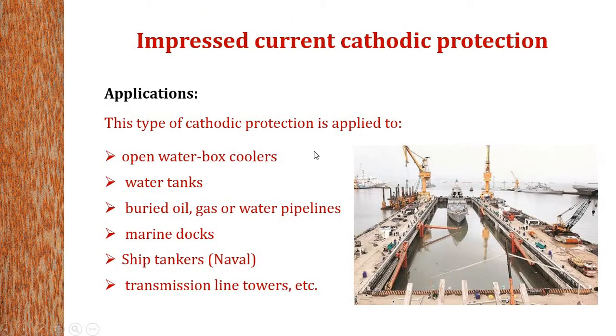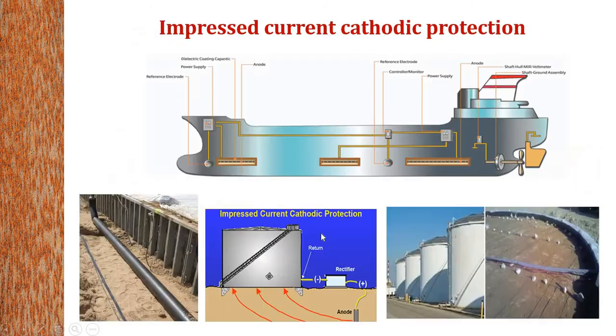Some of the applications of cathodic protection, that is the impressed current method, are open box coolers, water tanks, buried pipelines, marine docks. The picture is shown here for the marine dock, ship tankers, especially the ships that are used in the navy, tanks, then transmission line towers.